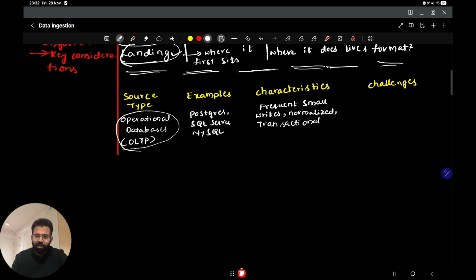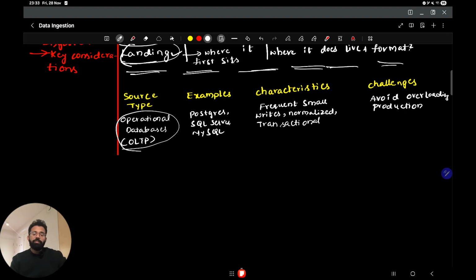And then the challenge while getting the data from this kind of operational databases is basically to avoid overloading the systems in production, because these are operational databases.